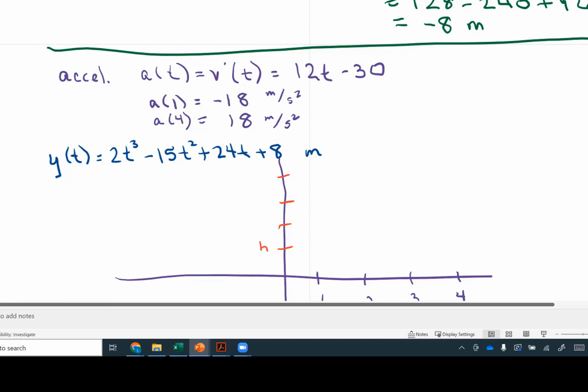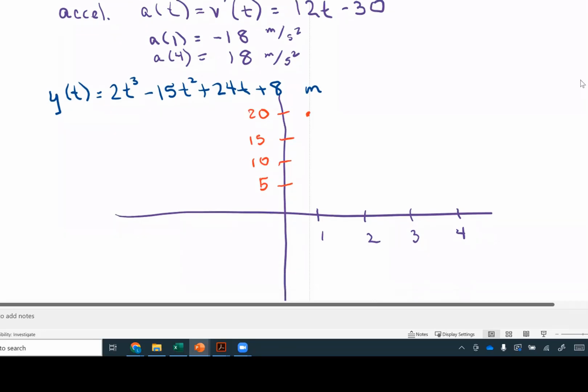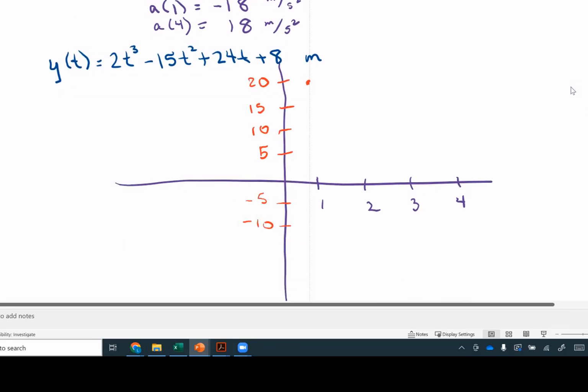Let's do 5, 10, 15, 20. At 1 second, I'm at 19. And at 4 seconds, I'm at -8. Okay, so I found my maximum and minimum.